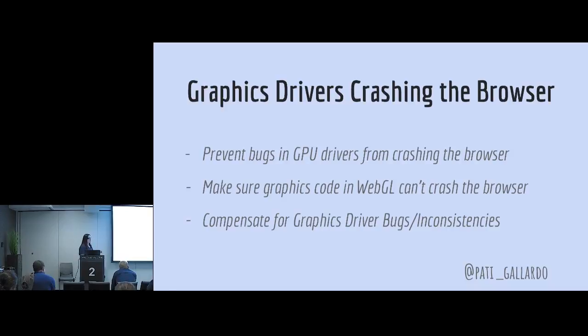And graphics drivers do crash on occasion. Especially now that you are getting GL commands from the internet, with WebGL, that you are executing on the user's GPU. And so vulnerabilities in the GPU or in the GPU driver suddenly become your problems, right?